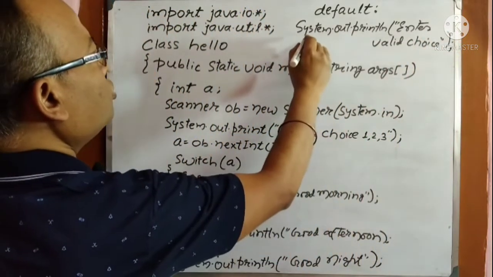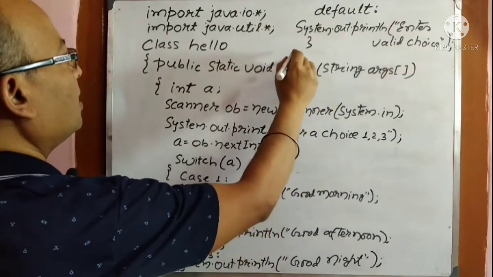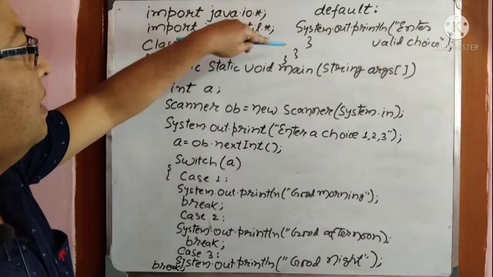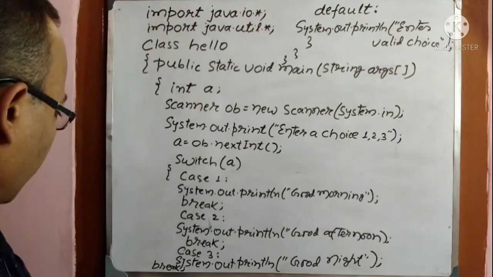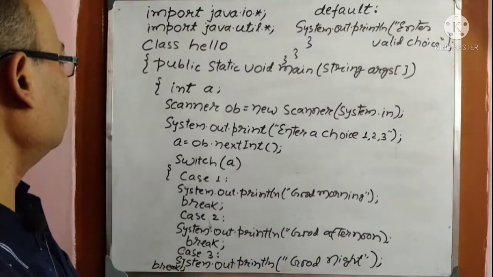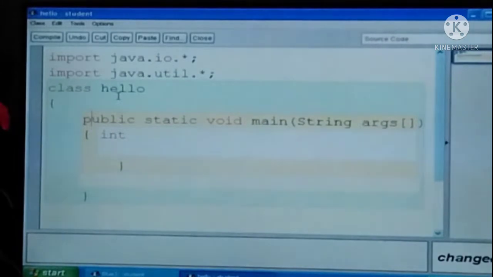Okay, and then as usual you have to close this switch block, and then your class, and then your main. Okay, this additionally, these lines you have to write after this. Okay, I will do it in computer. From you there also you can jot it down. So I have opened the same hello file. So import java.io.*; import java.util.*; This is a class hello, opening curly brace, and public static void main String args, opening brace of main.